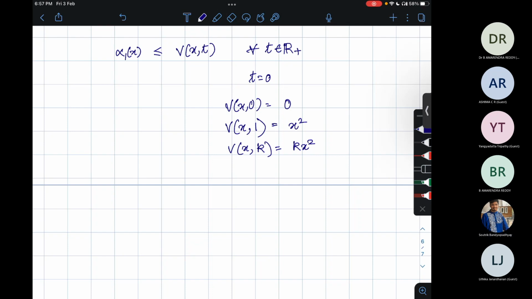Now, for any value of t, there is one lower bound always. What is that? This is a very interesting question.